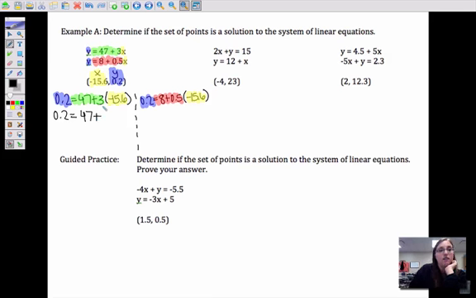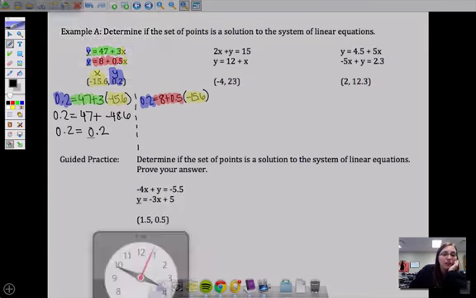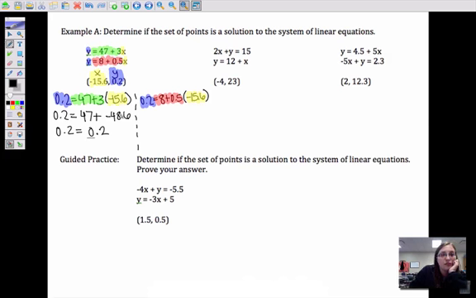So I'll leave the 47 and I'll multiply the 3 times negative 15.6. So 3 times negative 15.6 is negative 46.8. That 0.2 equals 0.2. That means that the sides are equal. So that one works out.